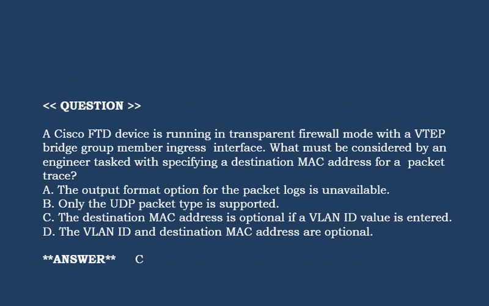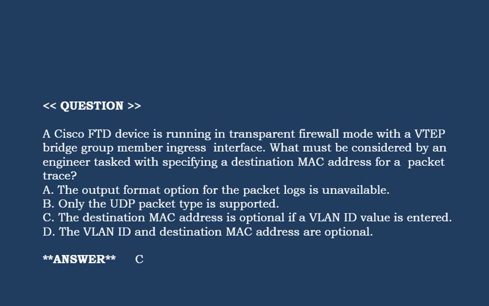Next question is, a Cisco FTD device is running in transparent firewall mode with a VTEP bridge group member ingress interface. What must be considered by an engineer tasked with specifying a destination MAC address for a packet trace? Option A. The output format option for the packet logs is unavailable.